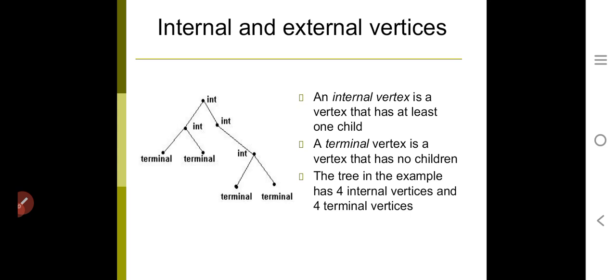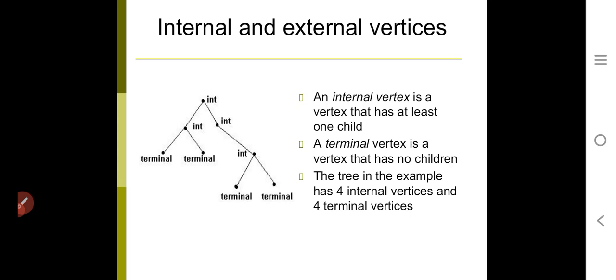Degree means the number of edges incident on a specific vertex. Likewise, the internal vertex has degree 2 and it has only one child.